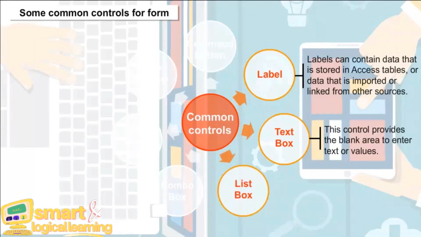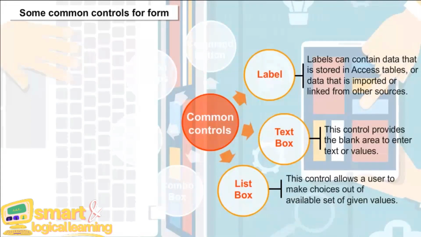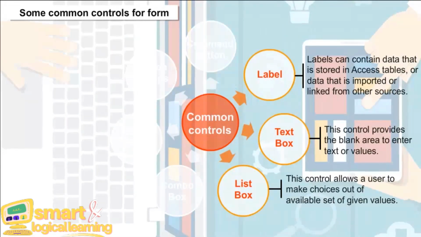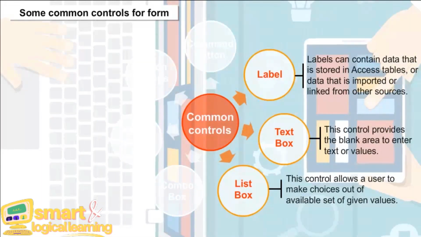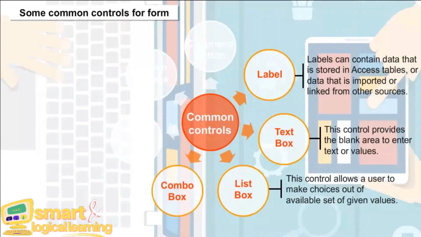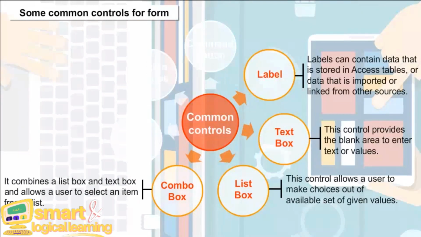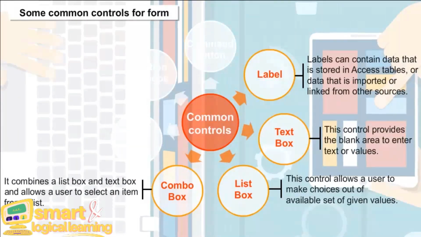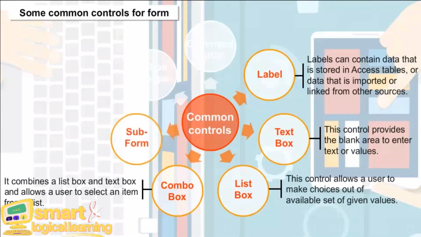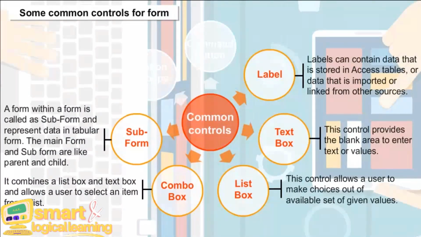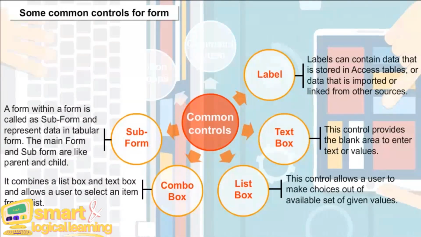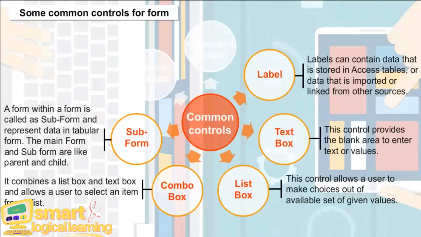List box: this control allows a user to make choices out of an available set of given values. Combo box: it combines a list box and a text box and allows a user to select an item from a list. Subform: a form within a form is called a subform and represents data in tabular form.